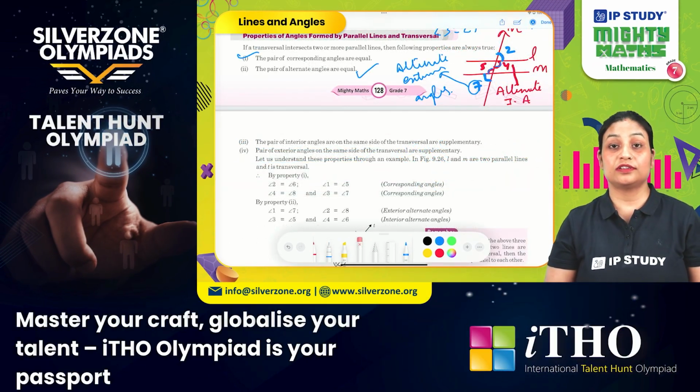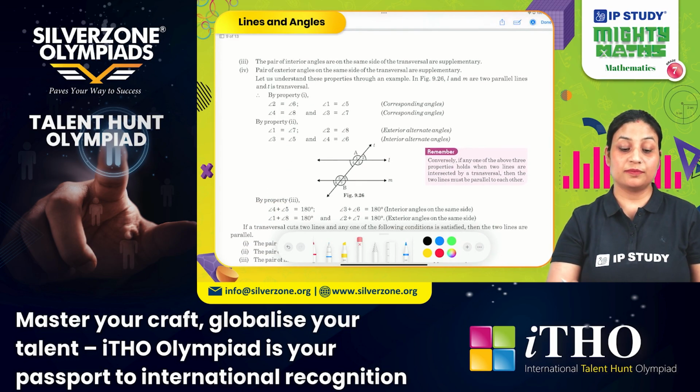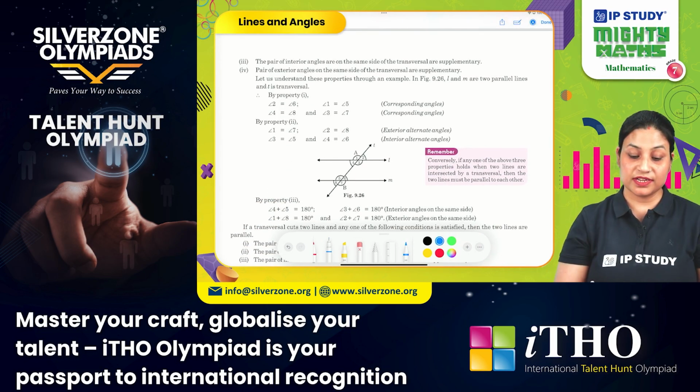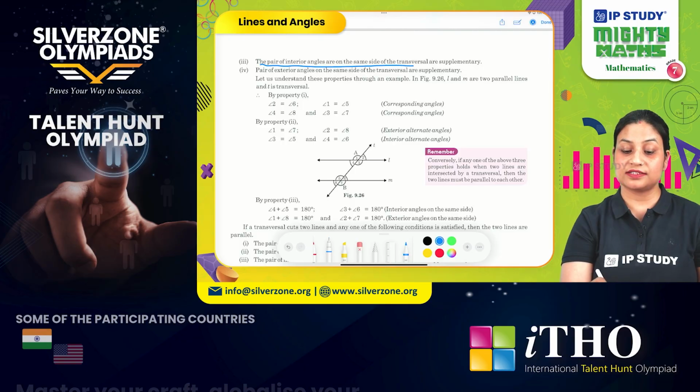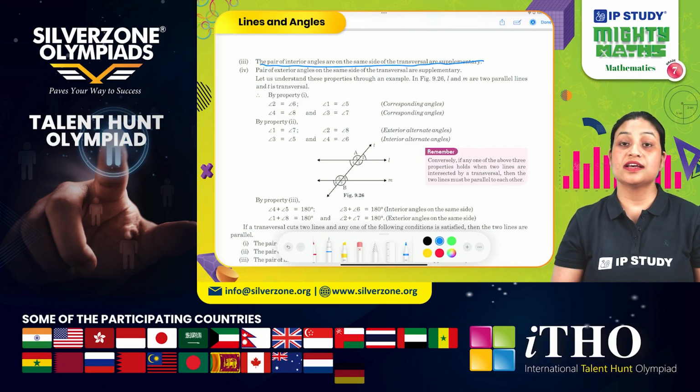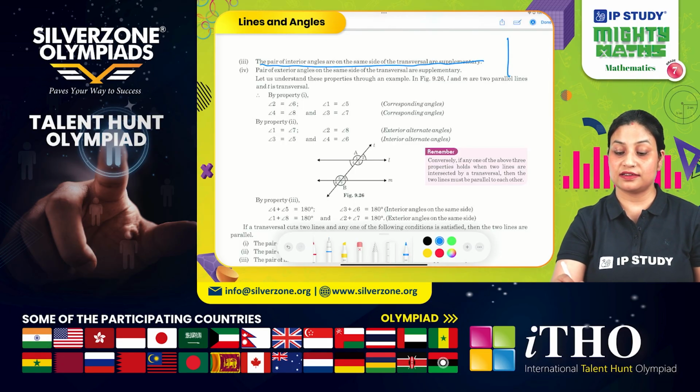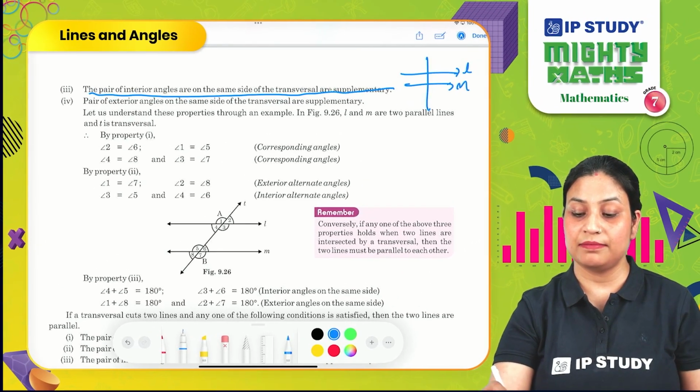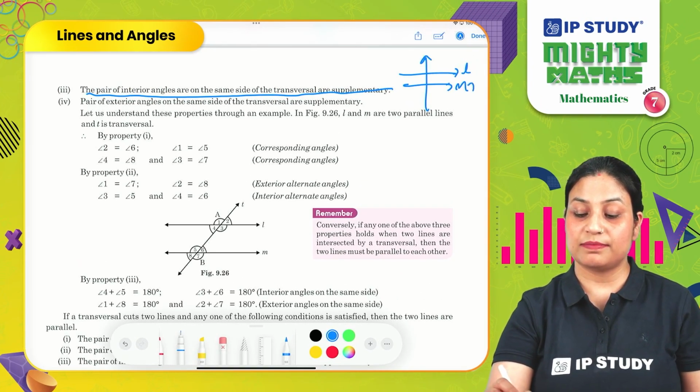Now let's see what the third property says. The third property says that the interior angles on the same side of a transversal are supplementary. It means that suppose you have these parallel lines L and M cut by a transversal N at different points.